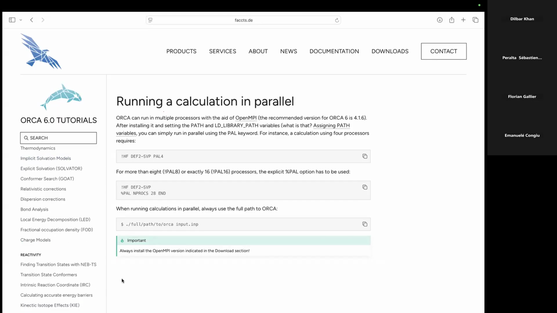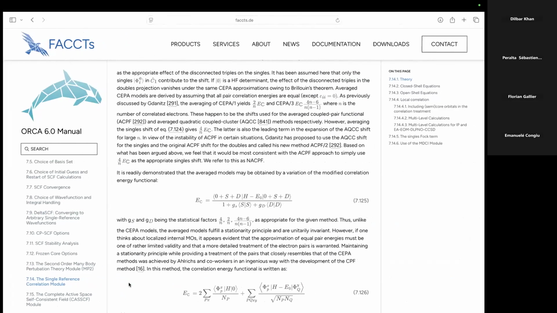When you say embedding method, I will explain. I will give you some slides tomorrow about these hybrid methods. I can find the information in the manual.